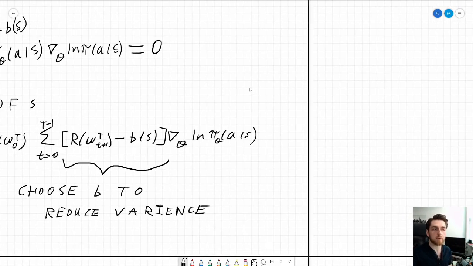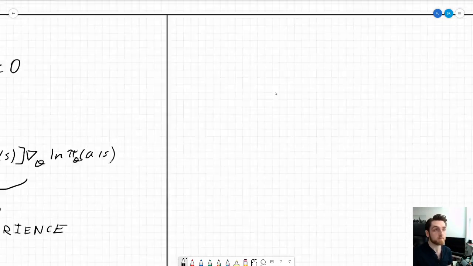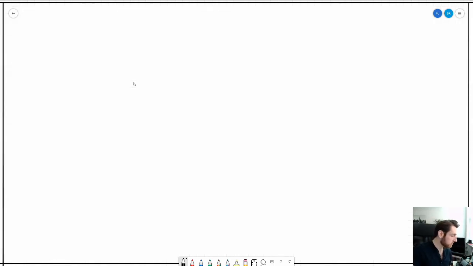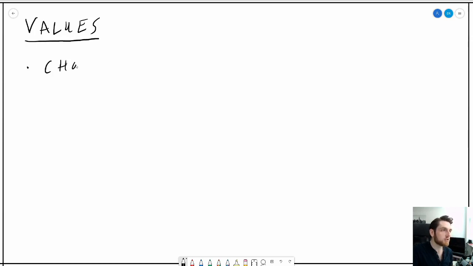And obviously it's going to be the average following on from that state. And that clearly is just the value function. So what we do is we reintroduce values, by ideally choosing B of S equals the value of that state.